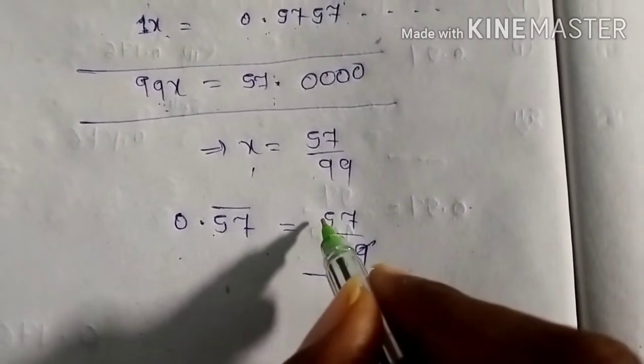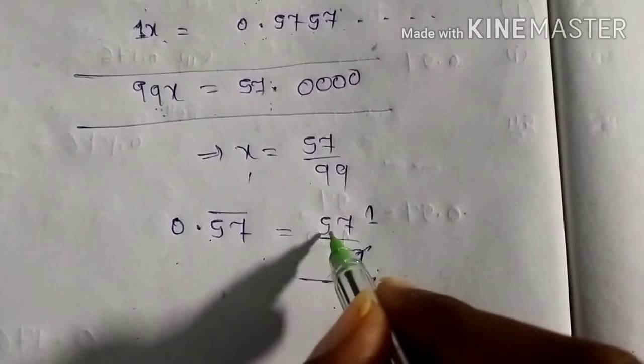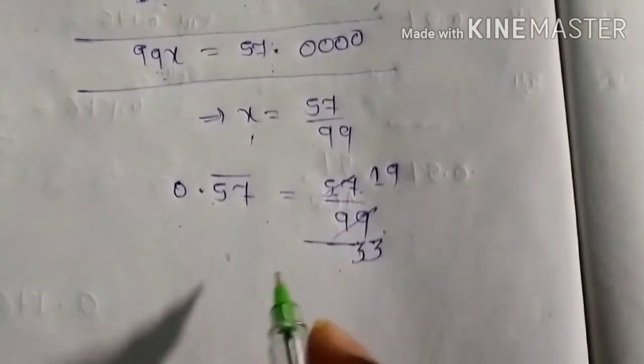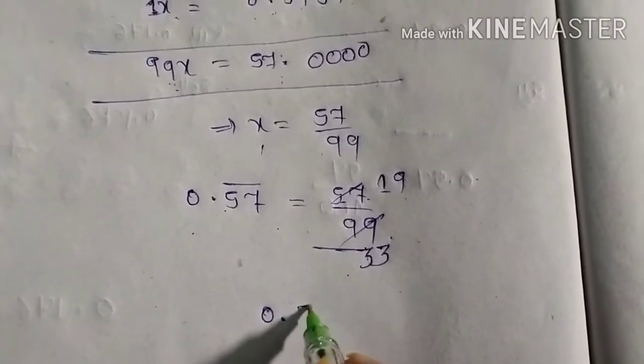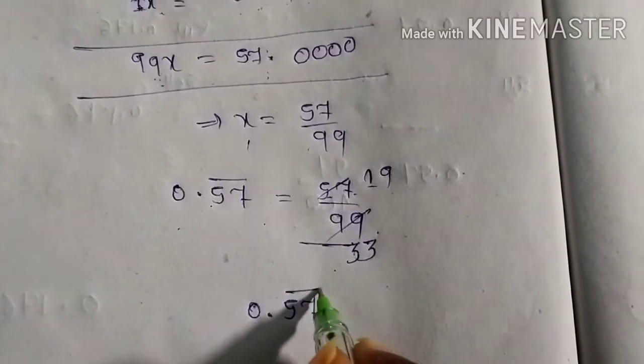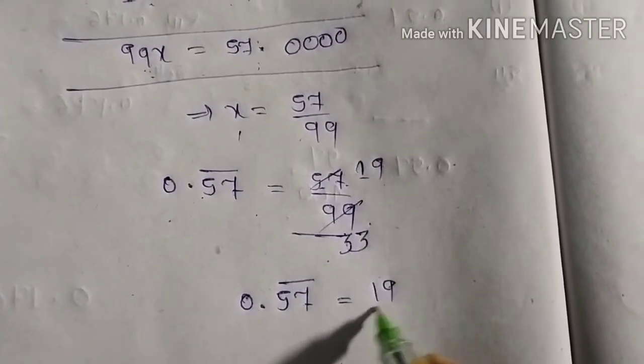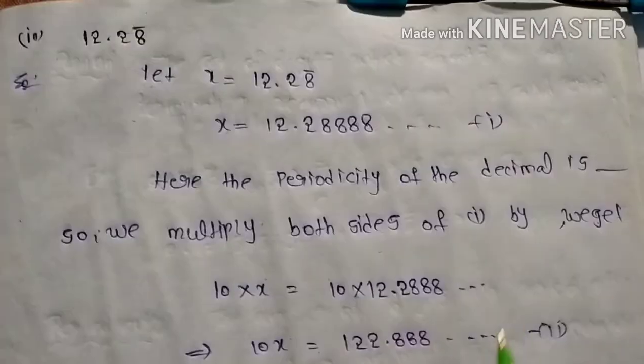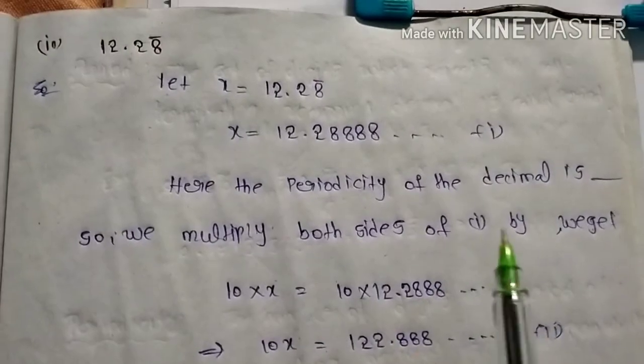Here the answer, check it, 3 1s are 3. The next one, 27: 3 9s are 27. That means your answer is 0.57 bar is equal to 19 by 33. This is your solution.